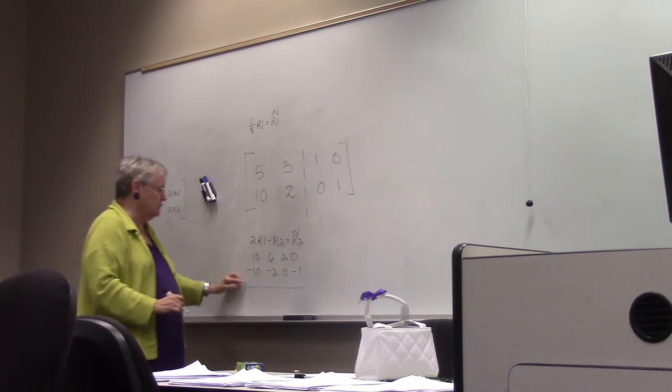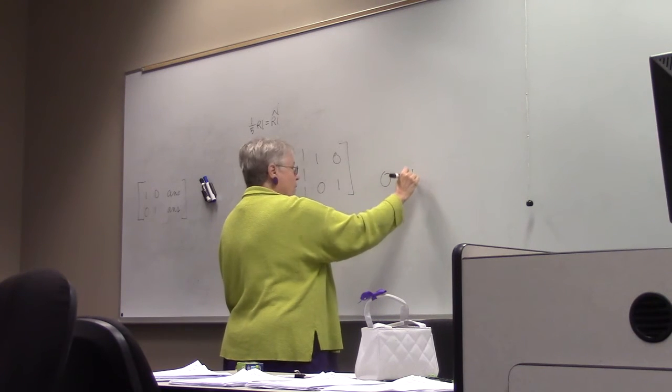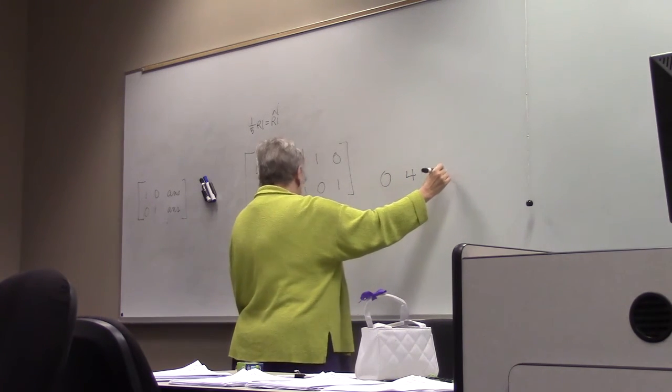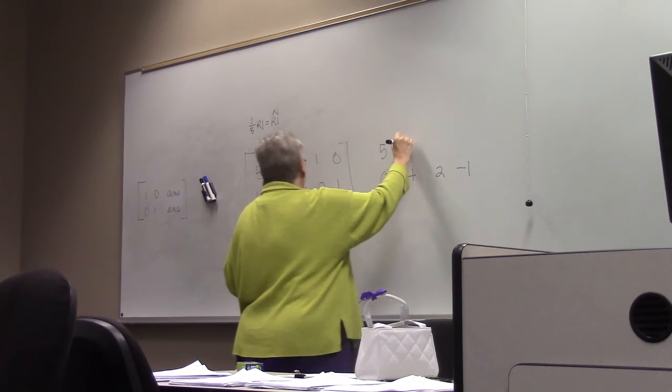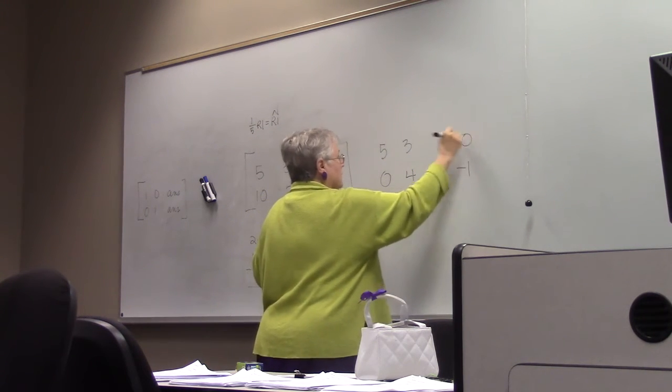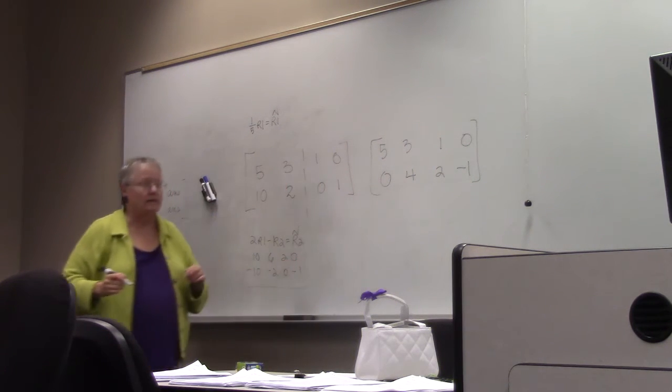So as a new row 2, I'm going to have a 0, 4, 2, minus 1, and my same old row 1. Okay.